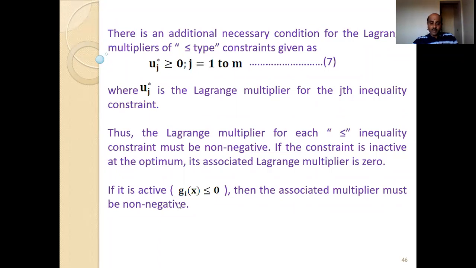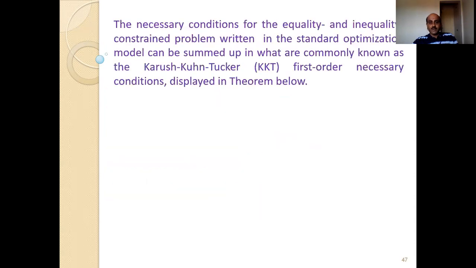If it is active, that is gi of x is equal to 0, then the associated multiplier must be non-negative. This is a very important conclusion you have to arrive at.